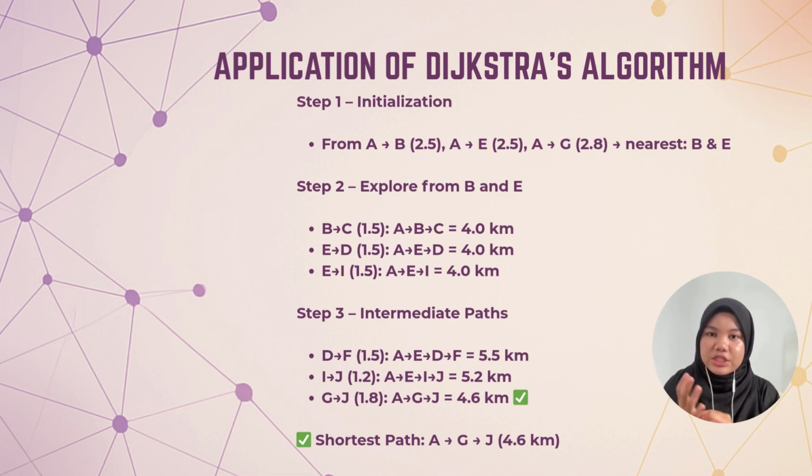And if I use G to J, which is 1.8 kilometers, the total kilometers is 4.6. After comparing all routes, the shortest path is A and then G to J with a total distance of 4.6 kilometers. So this path avoids unnecessary intersections, follows road direction rules, and minimizes travel distance.